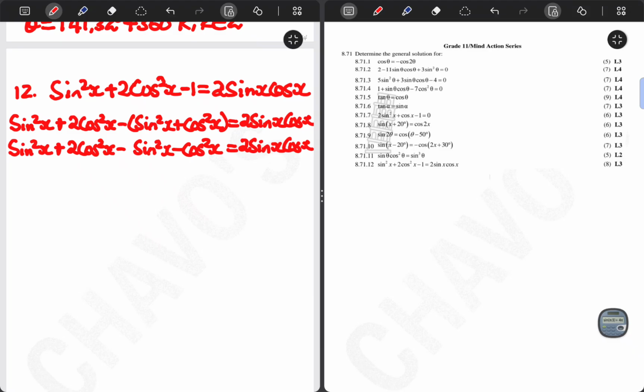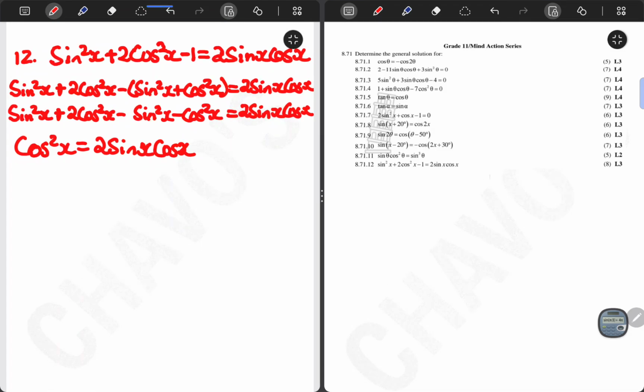Then you now have 2 cos minus cos, that will be cos square, equals to 2 sine cos, like this.